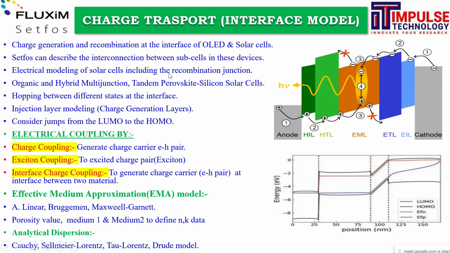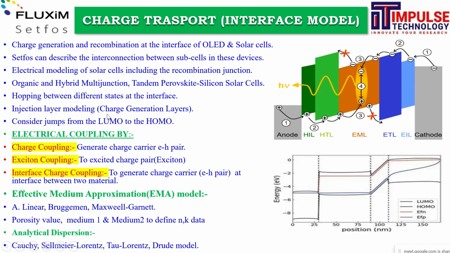Electrical modeling of solar cells including recombination, organic hybrid multi-junction solar cells, and tandem perovskite-silicon solar cells can be simulated, with hopping between the different states at the interface, HOMO-LUMO, coated interface, uncoated interface, in-coupling, out-coupling, transparent layers, and injection layer modeling.